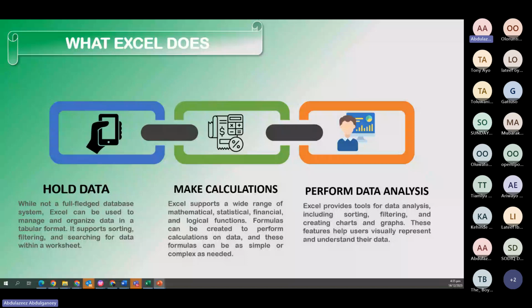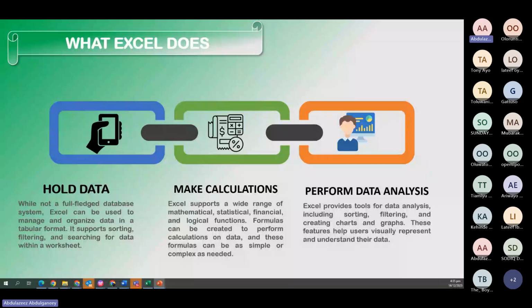When you have data above 1 million rows, that's when you start storing your data in a database, and you start learning a relational language, SQL, to work with your database. Excel will hold your data to some extent.